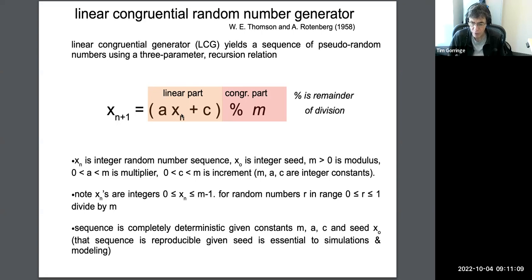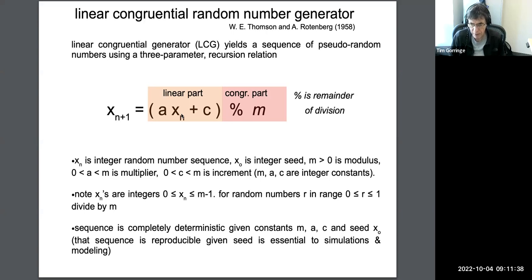So once we know one random number, say x1, we can calculate x2. Once we know x2, we can calculate x3 in this recursion relation. That's how we calculate the stream of random numbers, by a simple calculation that has a linear piece and a congruential piece.